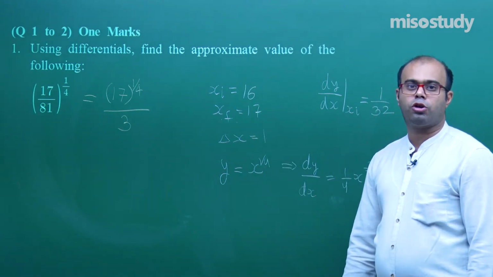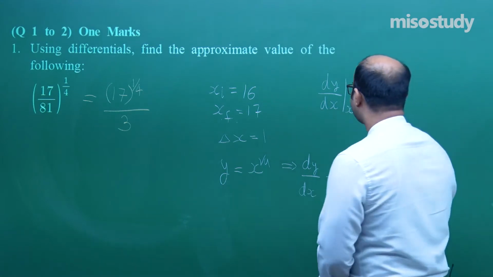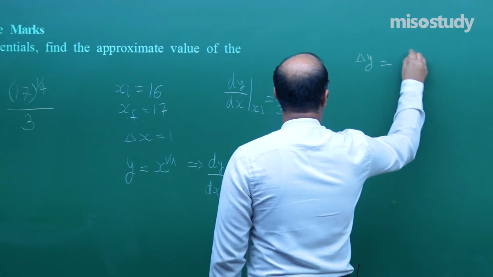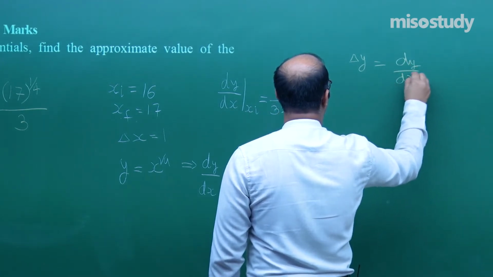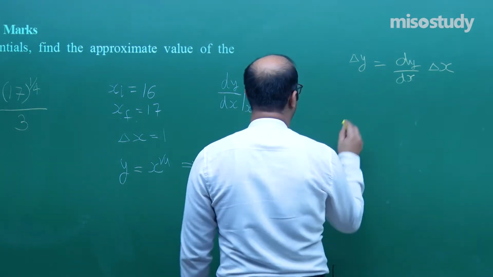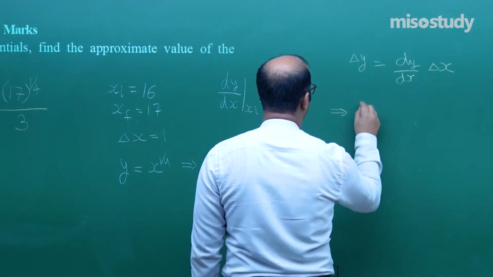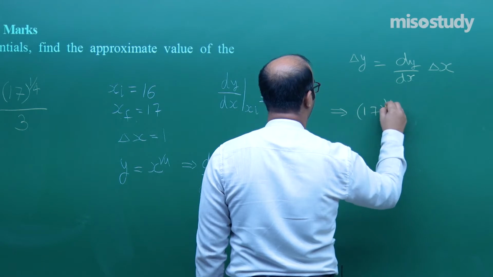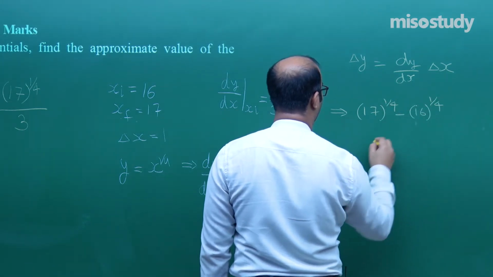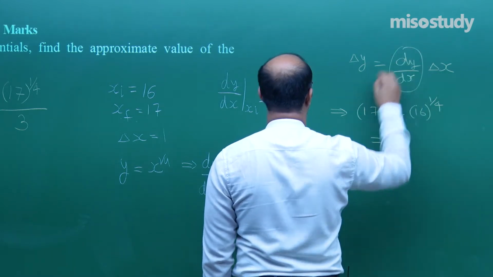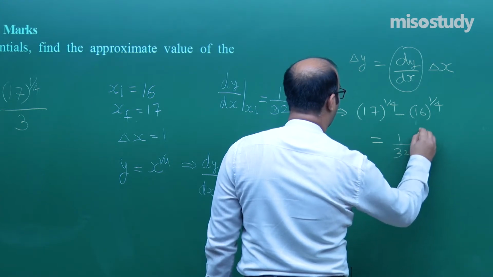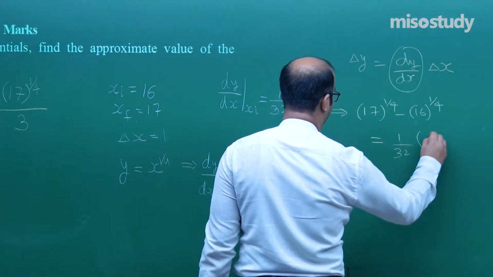So, we can do the approximation, and what we will do is write that delta y is equal to dy by dx into delta x. This is the basic theorem of approximation. Delta y is final y, that is 17 to the power 1 by 4, minus initial y, that is 16 to the power 1 by 4, equal to dy by dx, which at xi is 1 by 32, times delta x, which is 1.